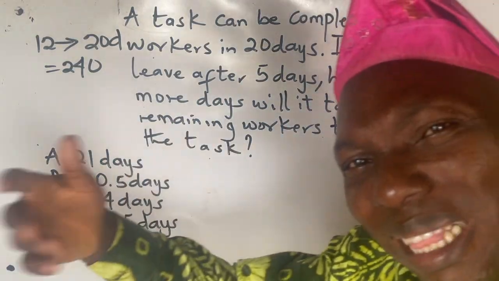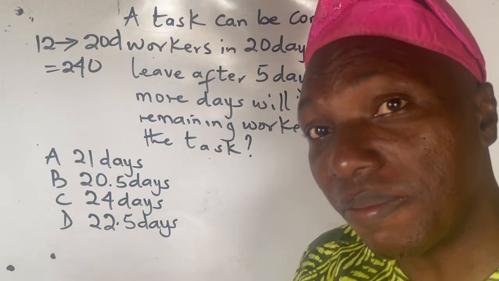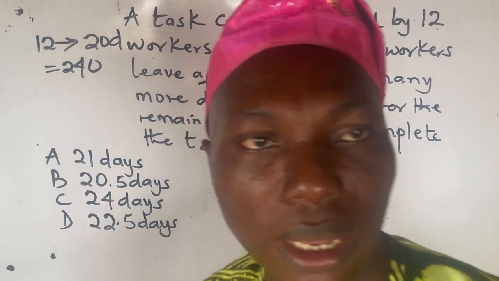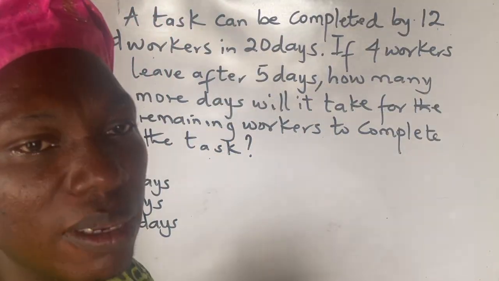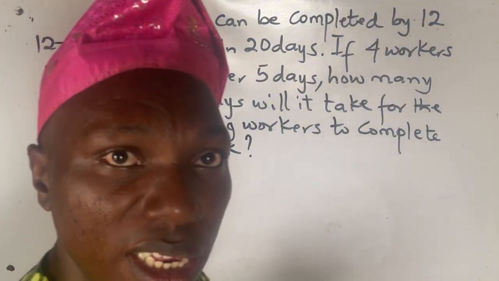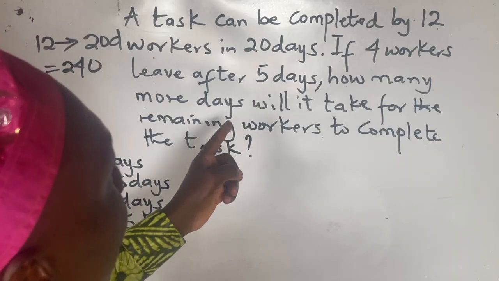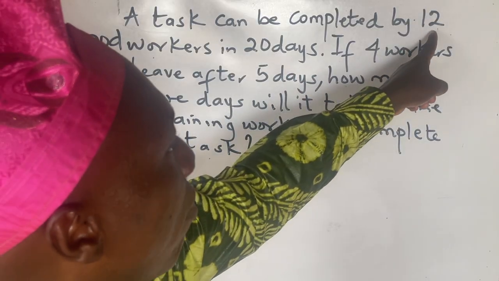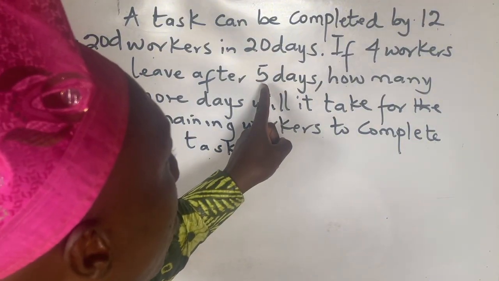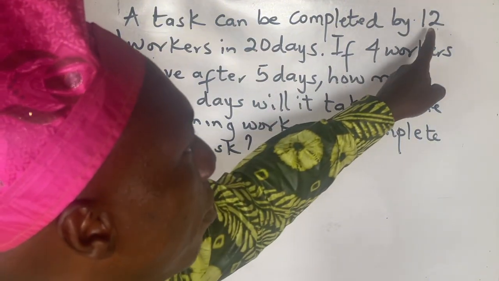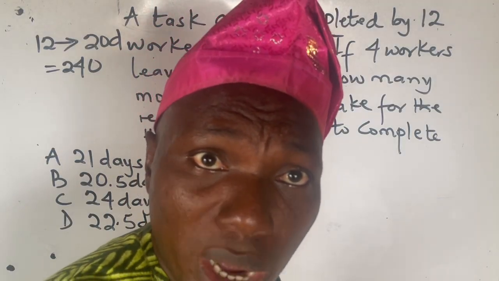We are told that after 5 days, after they have worked for the first, second, third, fourth, fifth day, 4 of the 12 workers leave. That means they have done some amount of work which they need to be paid for. Out of these 12 workers, 4 left, but they have worked for 5 days. We multiply these 5 days times 12, because they will get their wages for working for 5 days.